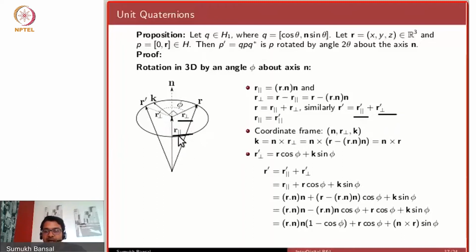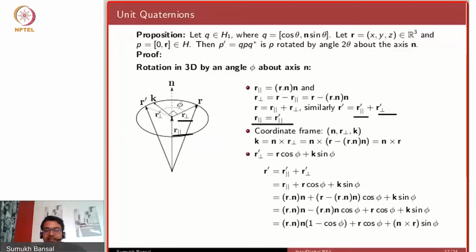So r parallel is equal to r dash parallel. So we just need to find the r dash perpendicular component to know the rotated vector r dash.